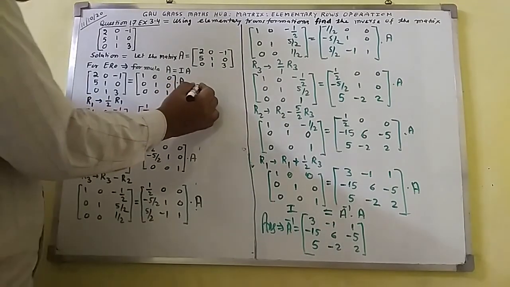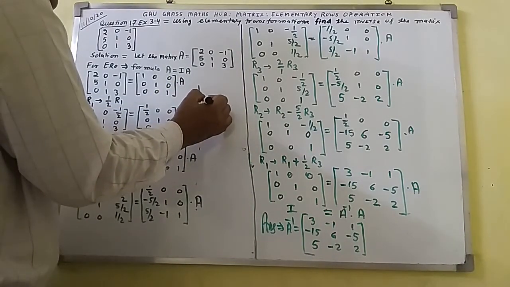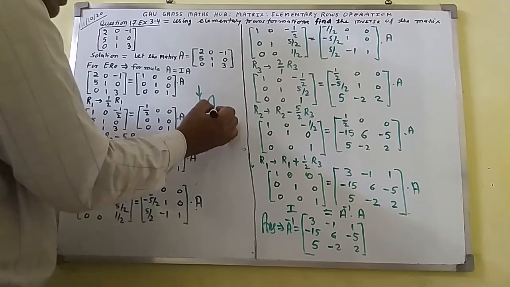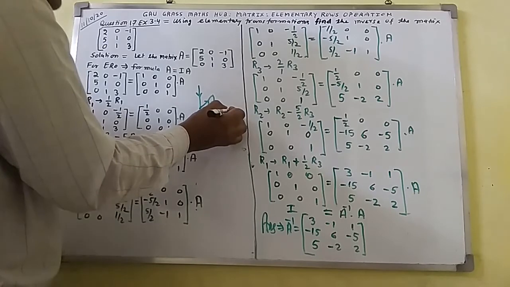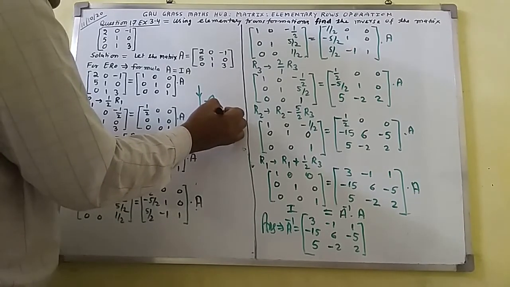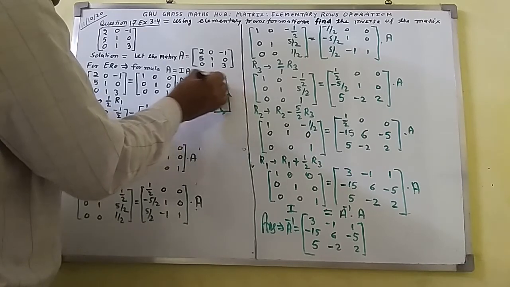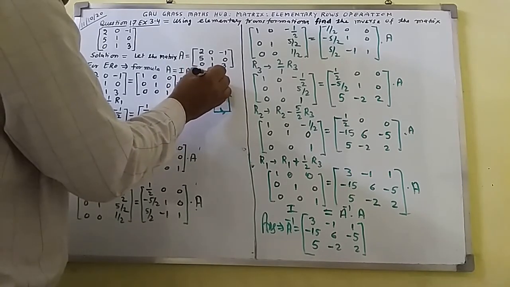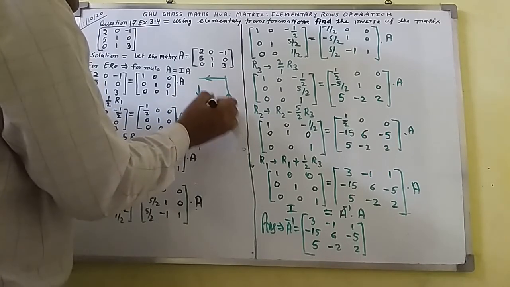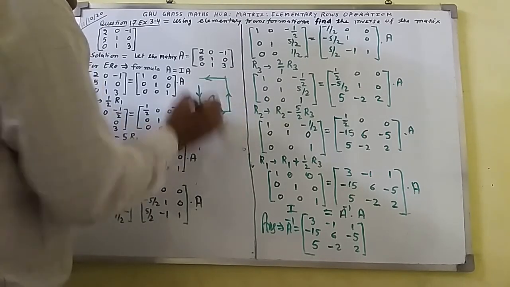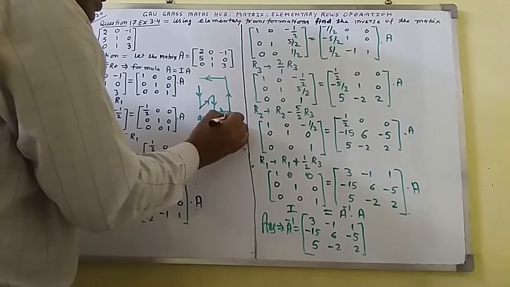From the initial point, go up to this place, go to the center element, just go downward, move toward right, go upward, go again toward left. So this is the anti-clockwise direction.